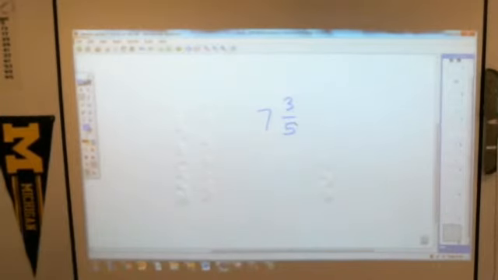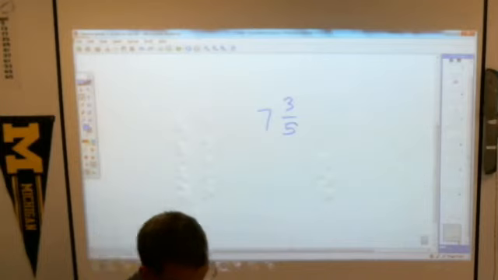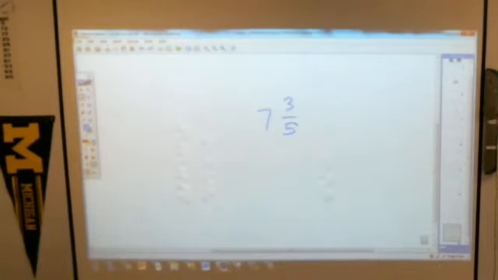Wish my eyes were that good. Again, multiply the whole number times the bottom, add the top, and keep the same bottom number. 7 times 5. You got this, Jordan, Sean. I think you're adding maybe wrong. Maybe you fell short in the adding thing. That's okay. Hang on. Sam, follow the rules.